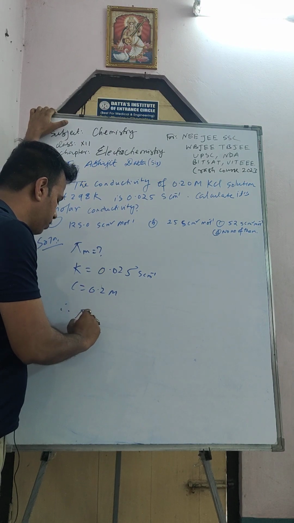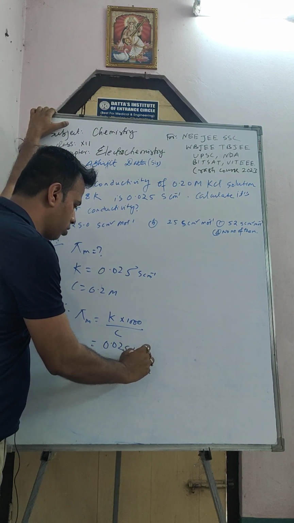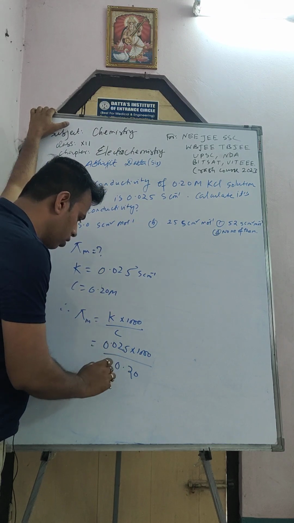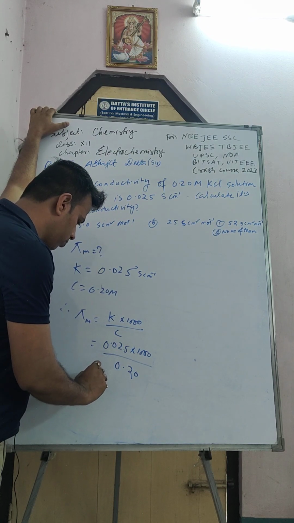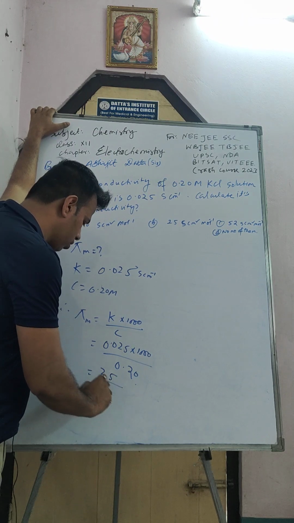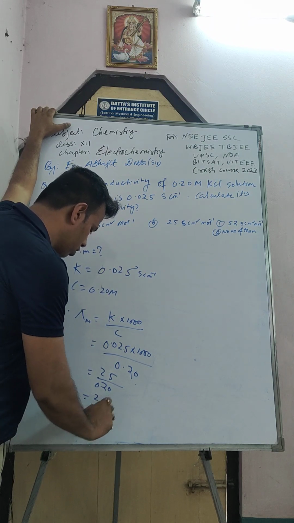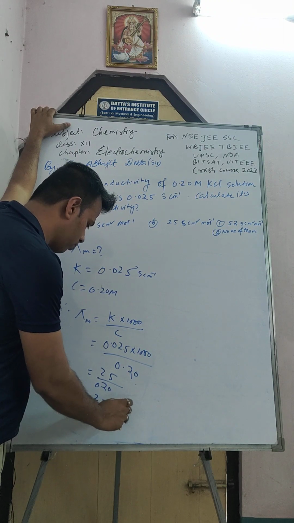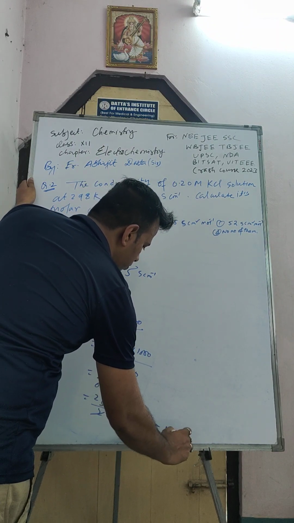We know that lambda m is equal to K into 1000 by C. So K is 0.025, into 1000, by C, which is 0.20 mole. Simplifying, it will be 25 by 0.20, which gives 125 S cm^2 mol^-1.